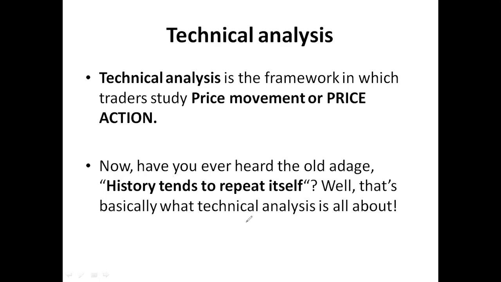So if, for instance, last year, price went all the way up, reached a level here, and then came all the way down. And then this year, it has gone up to reach the same level. It is possible that price will come back down again. So this becomes a level to watch out for when price gets to the same level again.